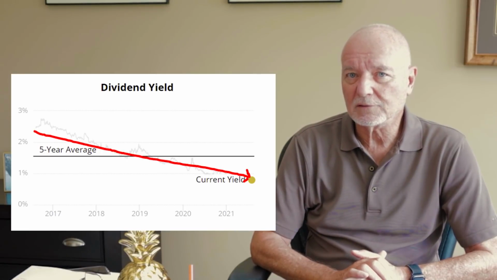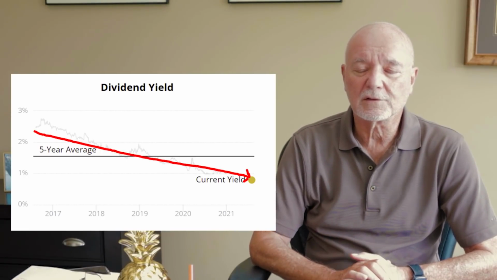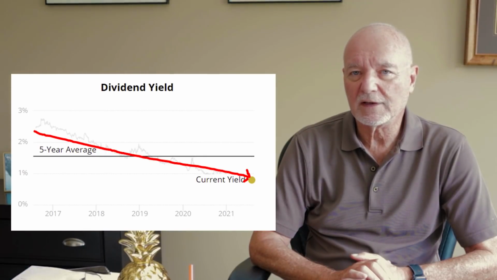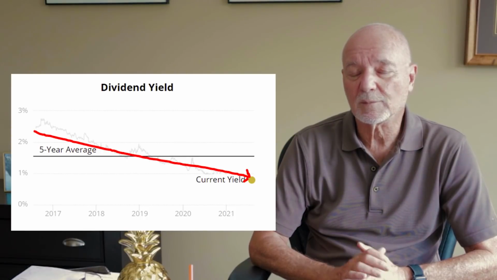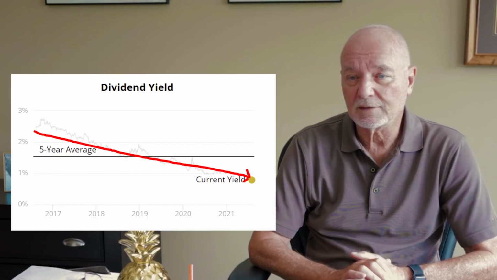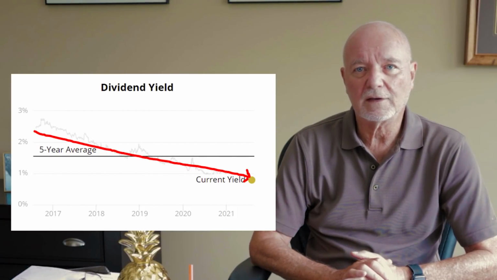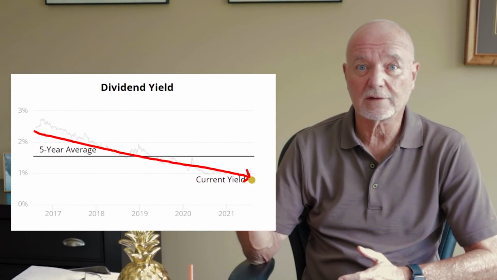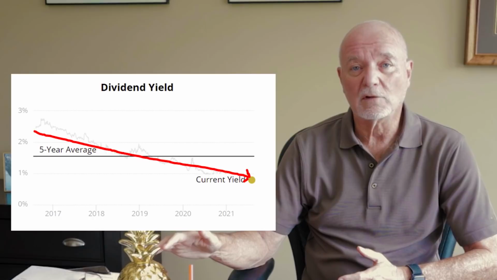Yield is a derivative metric dependent not only on how much dividend is paid out, but also on the price of the stock in the market. If the price skyrockets, the yield falls. If you already own it, that doesn't mean you're getting fewer dividend dollars. It simply means that the ratio of those dollars to the stock's price has gone to a low percentage point.